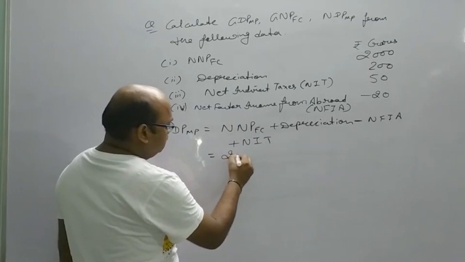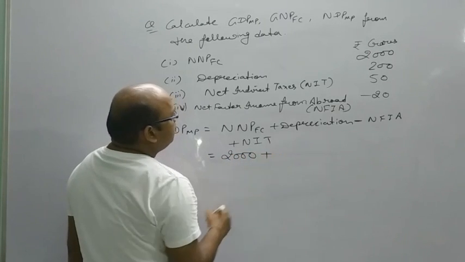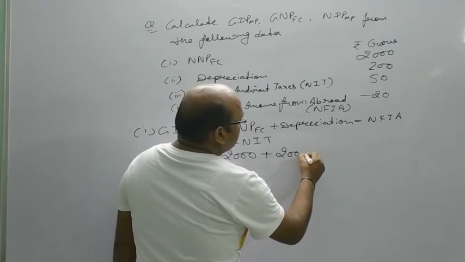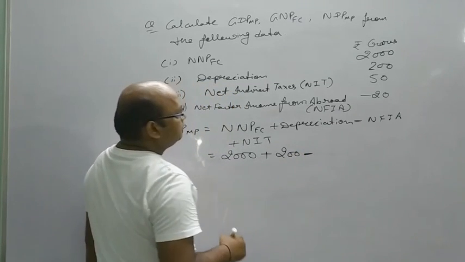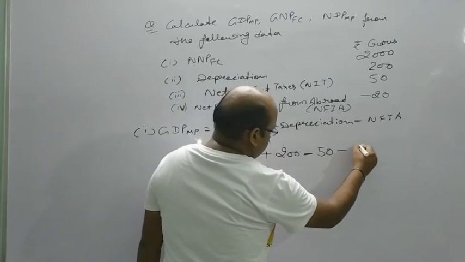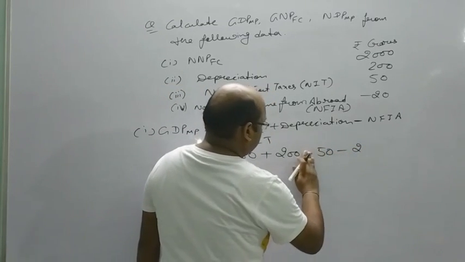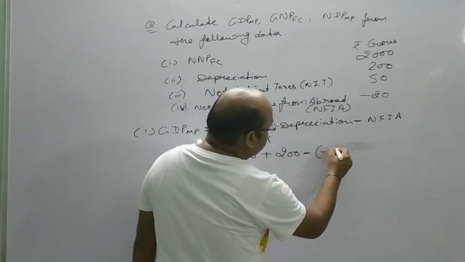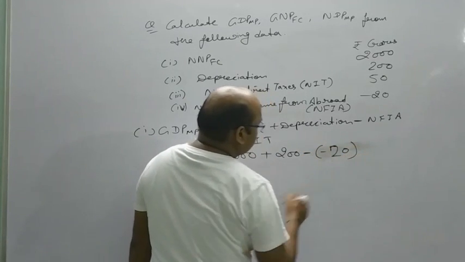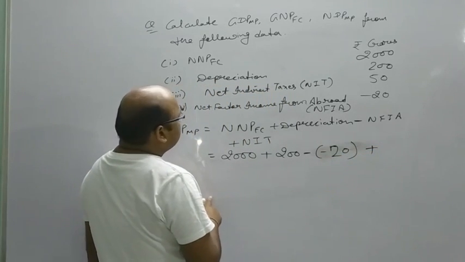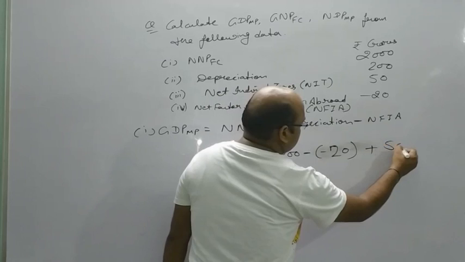NNPFC is 2000 crores plus depreciation 200, minus NFIA, which is minus 20, plus net indirect tax 50.